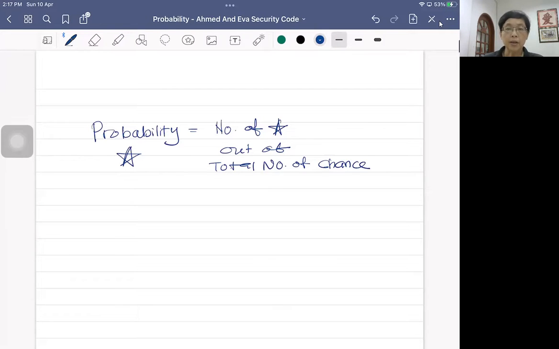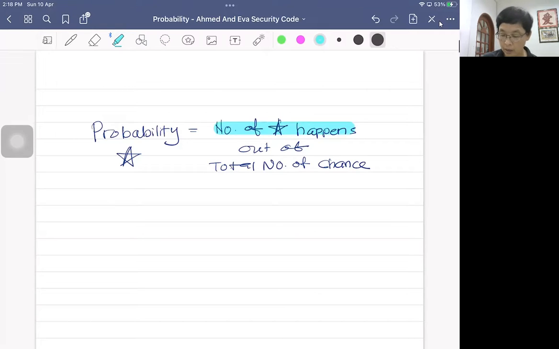Probability is a concept where we find out the number of getting a star happen, or to make it more precise, the number of stars that happen out of the total of random choices. So out of this, to make it easy for all of us, I will put it with color as usual. Let's put in the total number in that way, and then out of in this way, and then the total number of chances.